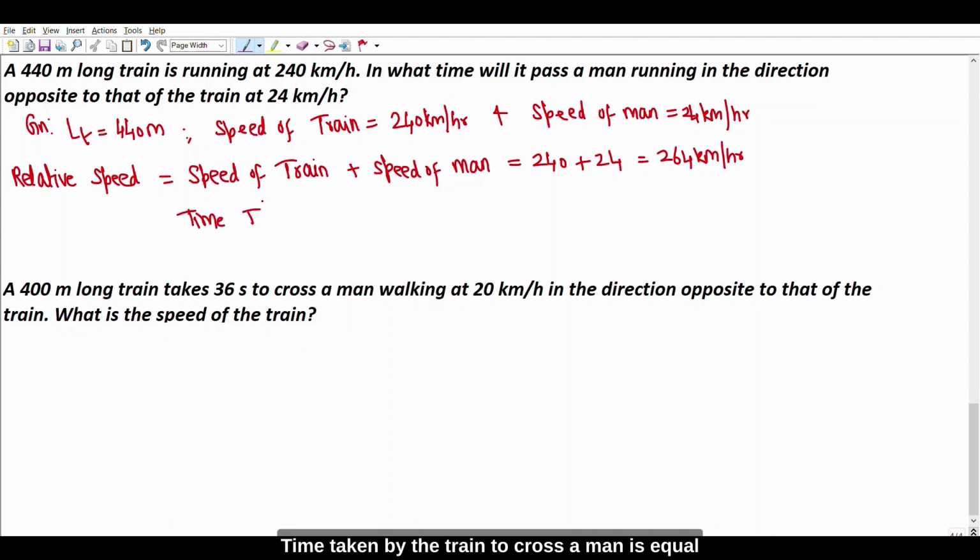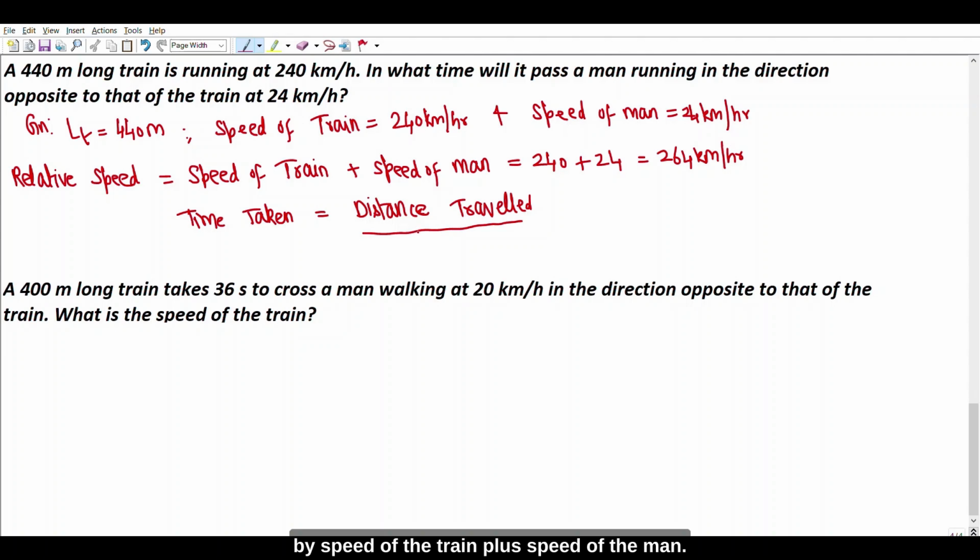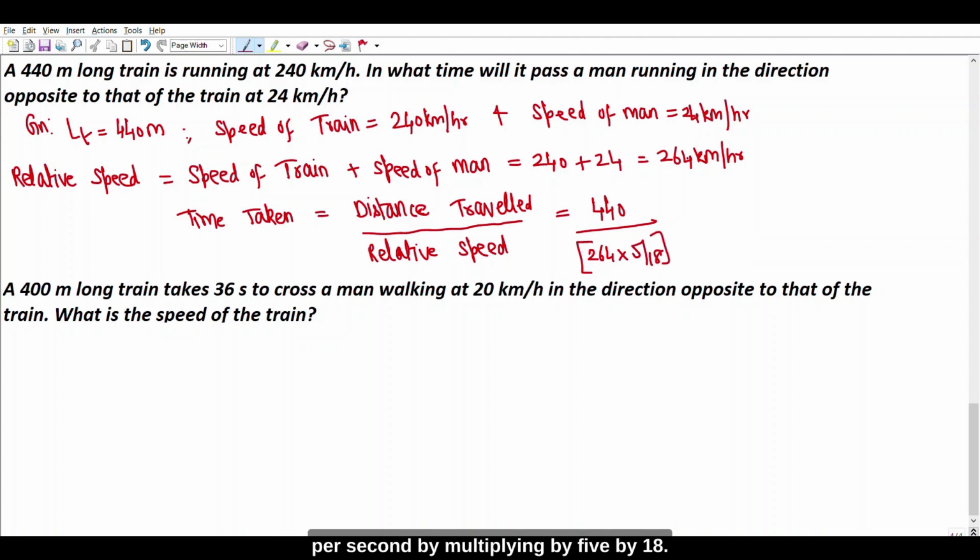Time taken by the train to cross a man is equal to distance traveled by the train to cross the man divided by speed of the train plus speed of the man in this case, that is relative speed. So we know that length of the train is 440 meters. Since it is in meters, we can convert speed in kilometer per hour into meter per second by multiplying by 5 by 18.